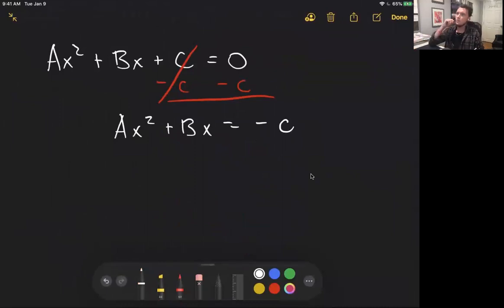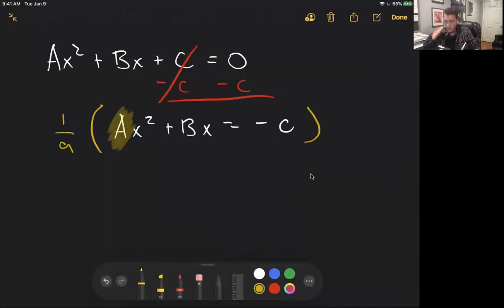From there, I notice there's really not much more I can do, but I can try to get rid of that coefficient a. I'm going to multiply this whole thing by 1 over a, because remember, in the quadratic formula we have an a on the top and an a on the bottom.